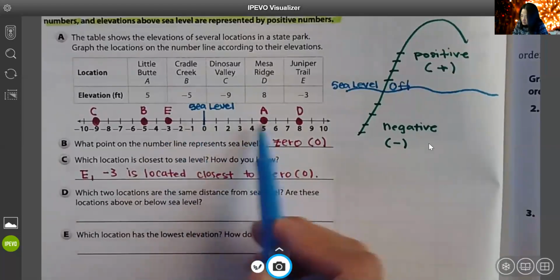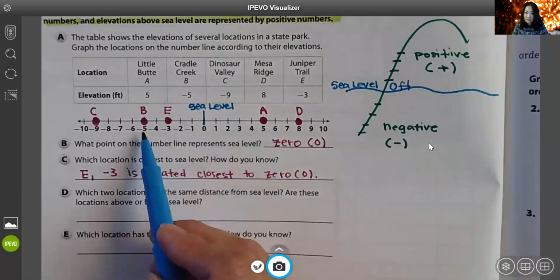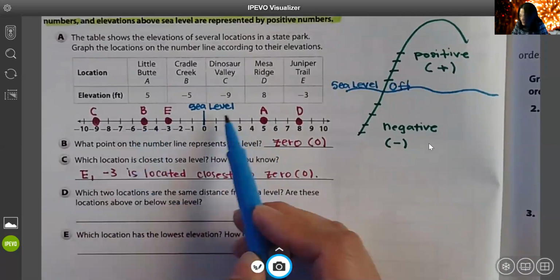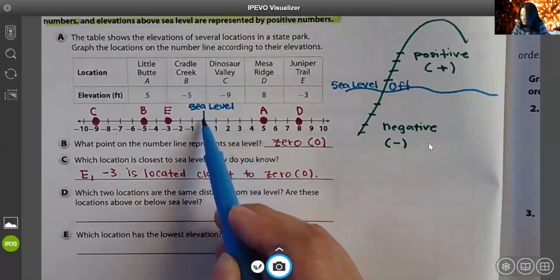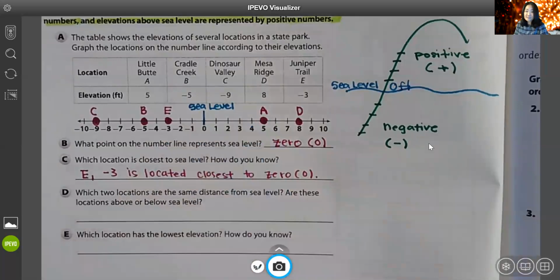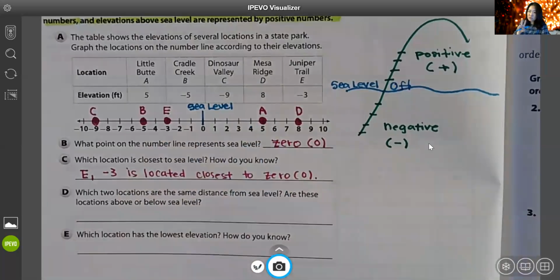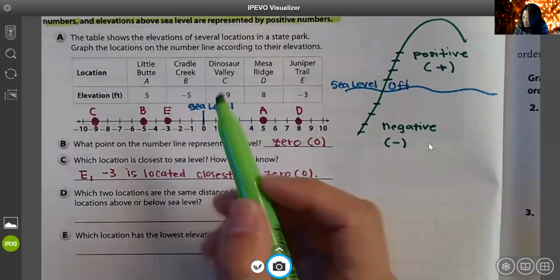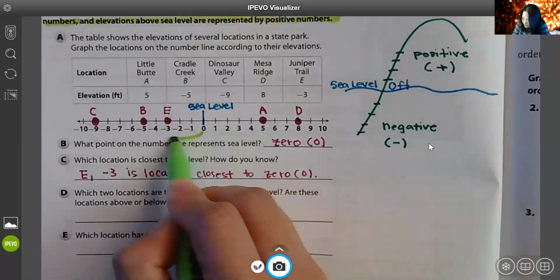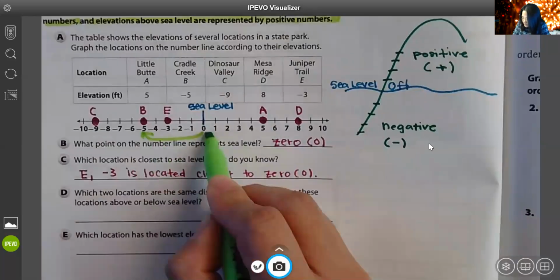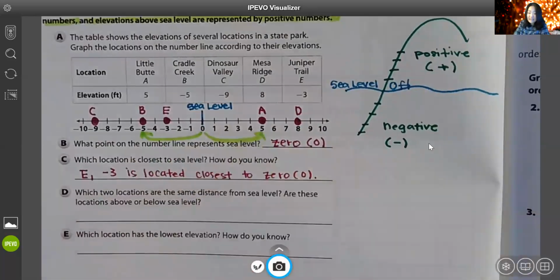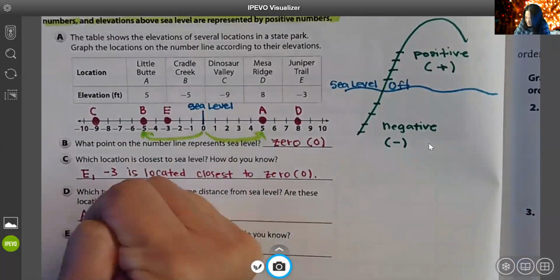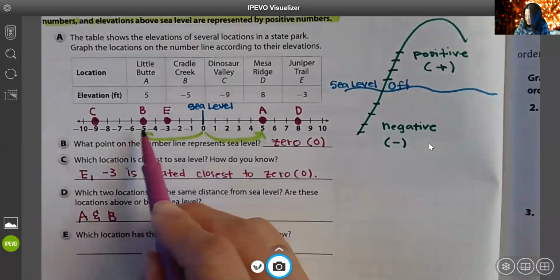What about negative 5, which is 5 units to the left of 0, and positive 5, which is 5 units to the right of 0. So the two locations that are the same distance from 0 are negative 5 and positive 5, so points A and B.